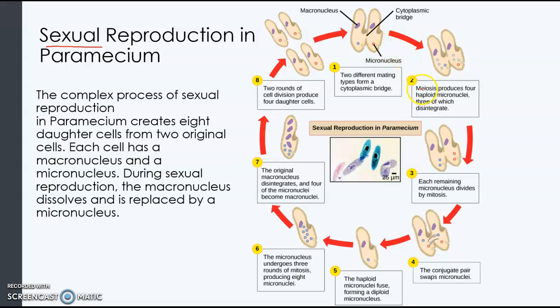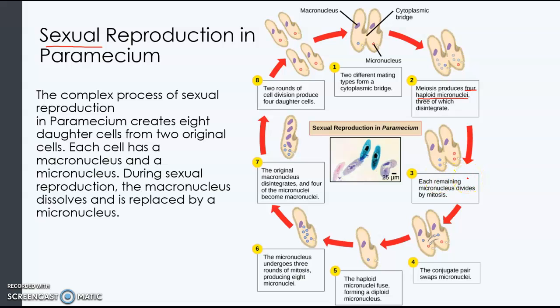In step 2, the micronucleus undergoes meiosis, and so 4 haploid micronuclei are generated, but 3 are going to disintegrate. I'm sorry, I didn't read this before I said that, so forgive me.